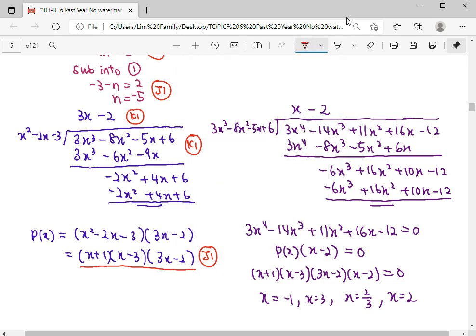So using our polynomial px here, we divide and do the long division to find out our factor. Then use the factor form from our px to find out our roots, which is x equals something. That is what we call roots.